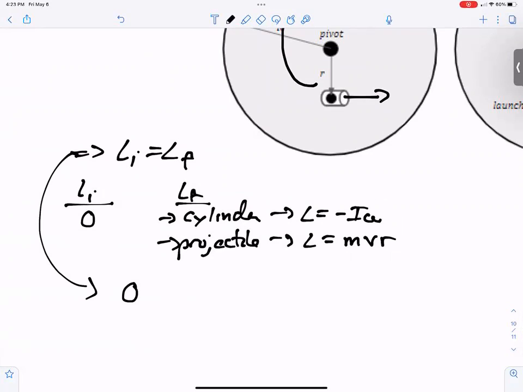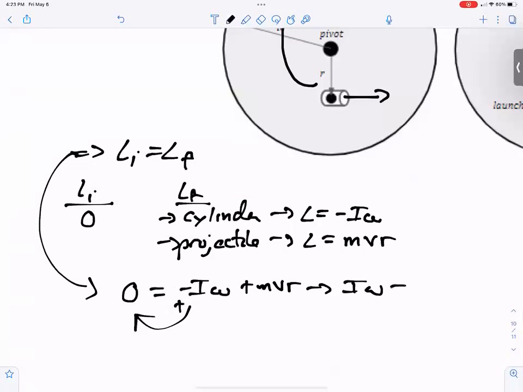So 0 equals 0 is what happens. So 0 is going to equal negative I omega for the cylinder plus m v r for the mass. If we add this to the other side, we get I omega equals m v r.